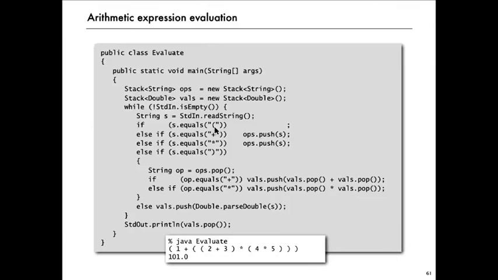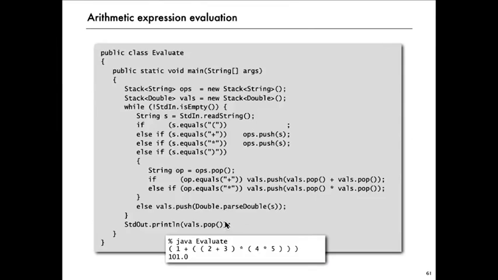Read a new string. If we have a left parenthesis, do nothing. If we have plus or times, push it. If we have a right parenthesis, then go ahead and pop the operator. If it's plus, add the two values at the top of the value stack, and if it's a star, multiply the two values at the top of the stack, and then push the result.